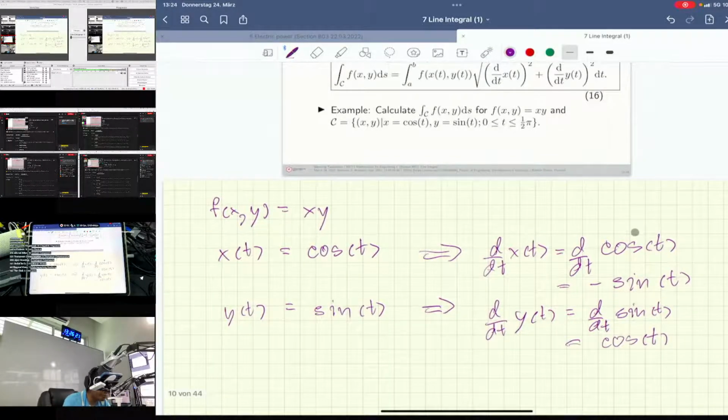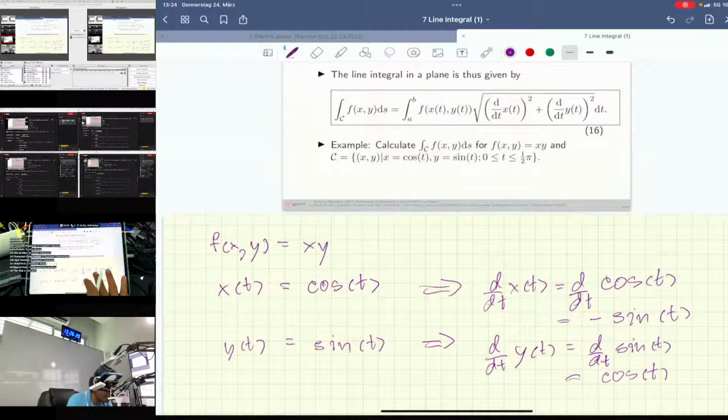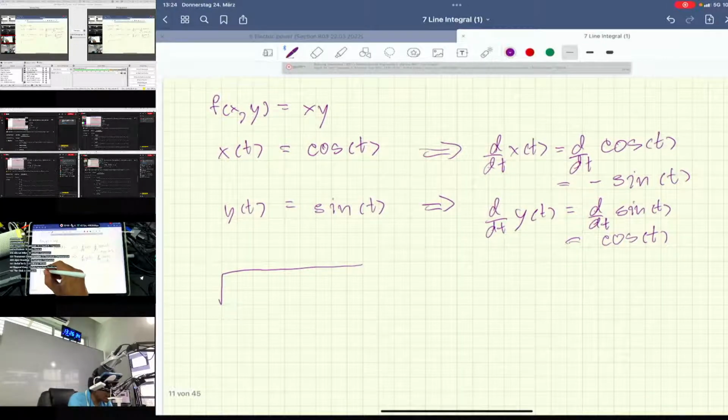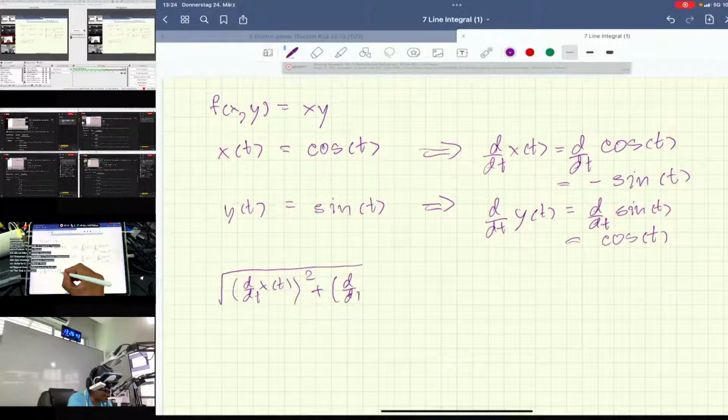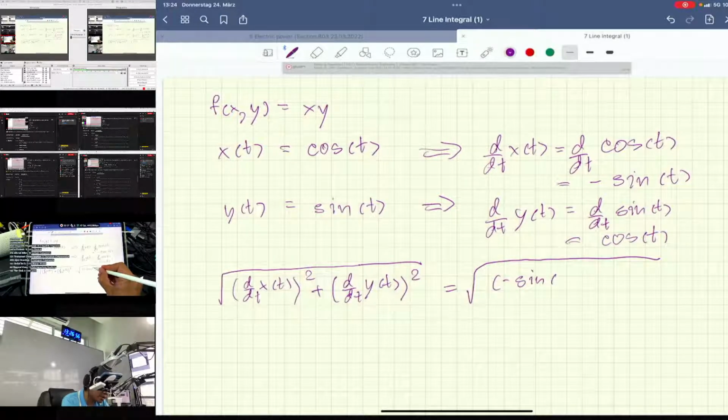The next one is that you could see that the square root of (dx by dt) squared plus (dy by dt) squared will be the square root of (minus sine t) squared plus cosine t squared, like this.